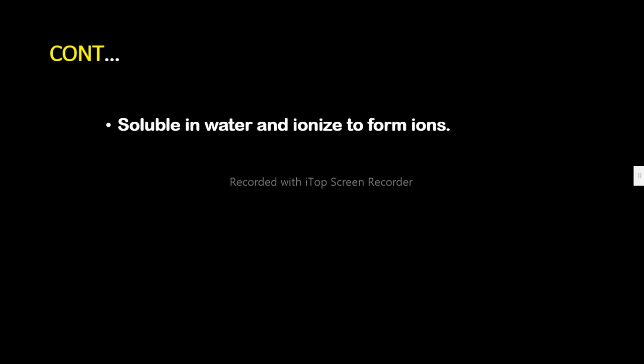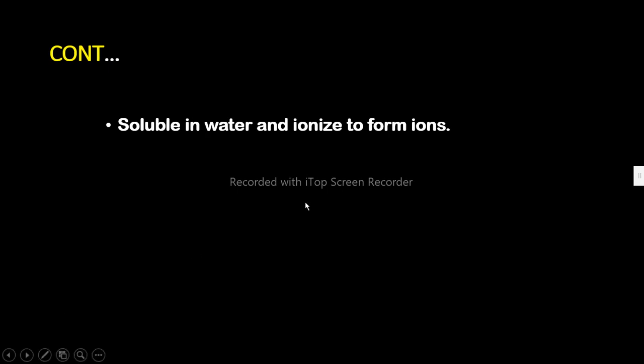Now that amino acid has a unique structure, with some unique features in that the amino acids are soluble in water, and when they dissolve in water, they ionize to form ions.